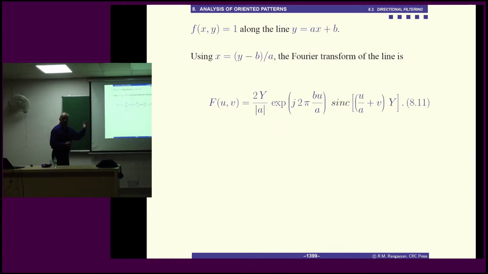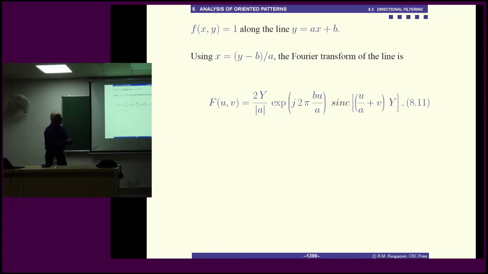The exponential factor depends upon the placement of the line. There is a phase shift depending on your origin. So this is just a phase factor. This is some scale factor depending upon these parameters of the line. But we are more interested in this sinc function, u over a plus v.